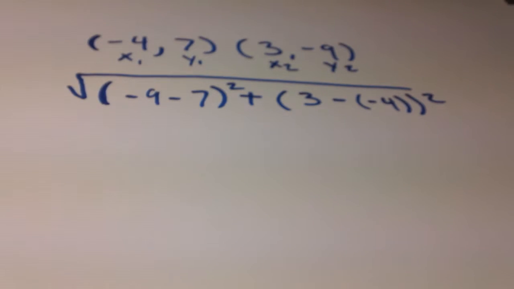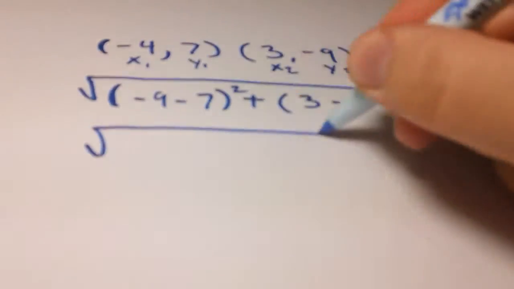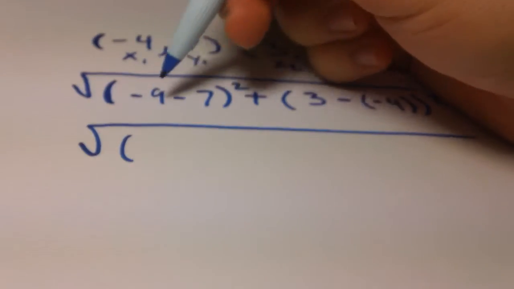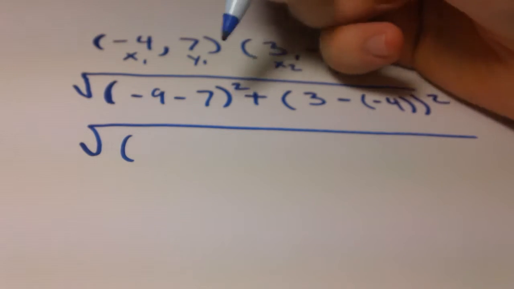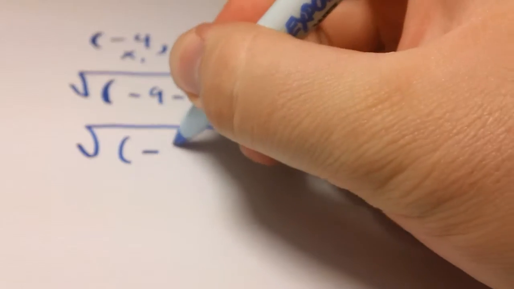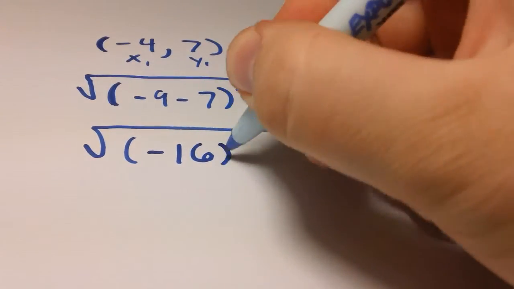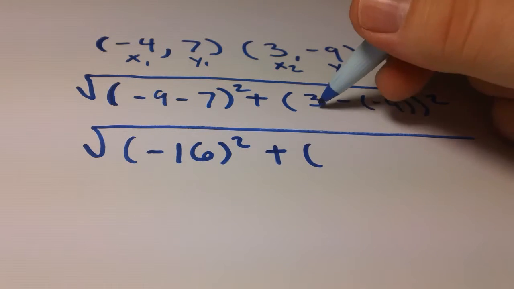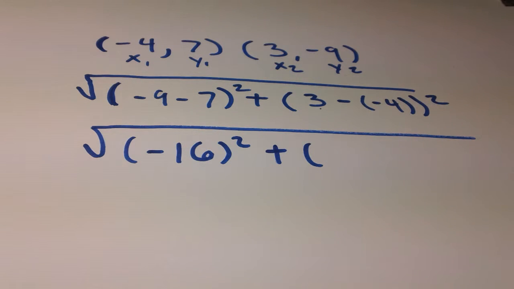Yet again, we want to do what's in parentheses first. Negative 9 minus 7. Now, of course, whenever you have a negative number and you subtract from it, you're just going farther down that ladder, right? You're digging a deeper hole. So we have negative 16 squared. Plus, right here, we have 3 minus negative 4.